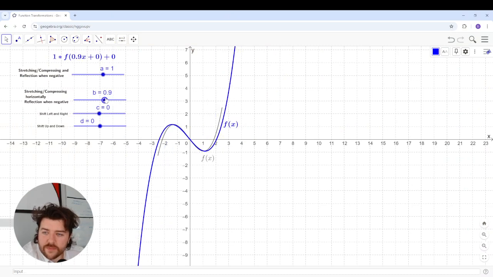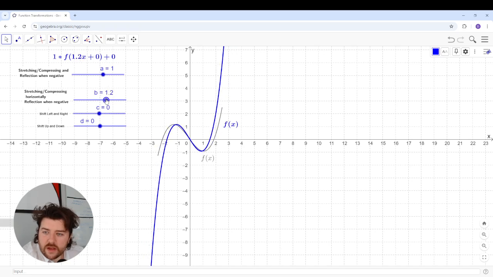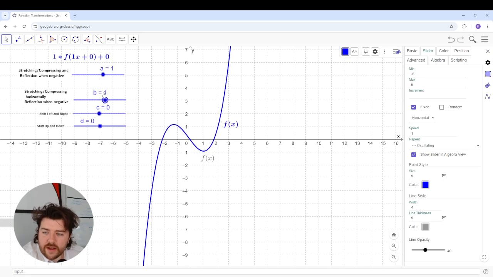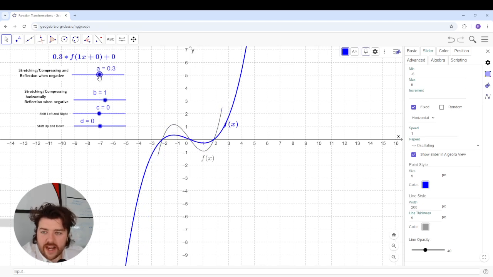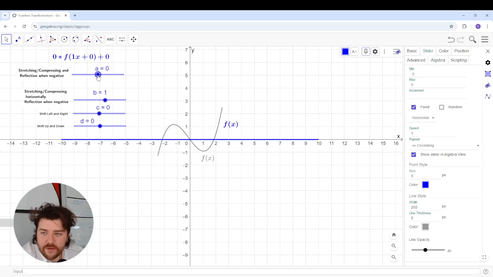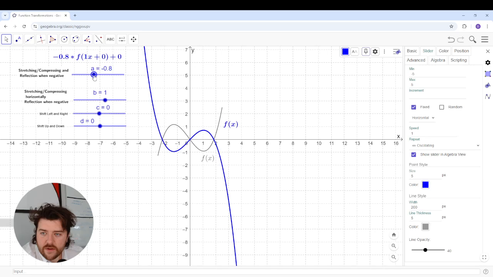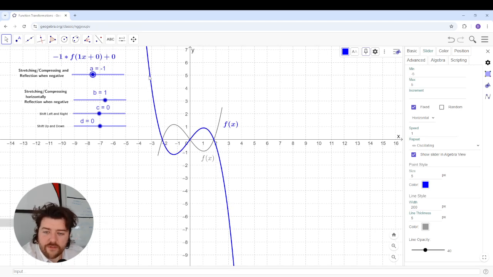Let's multiply my number in front by -1. If I multiply by -1, it should flip. Do you see how my function now has flipped upside down? It's reflected along the x-axis.